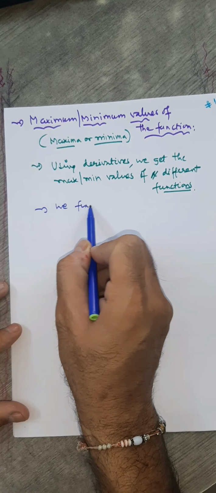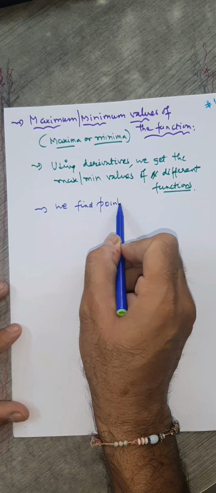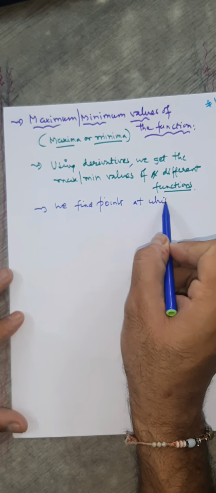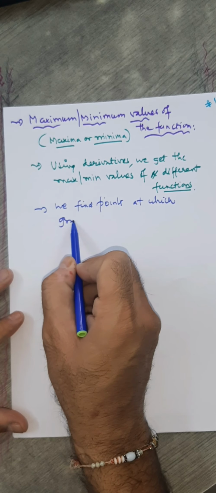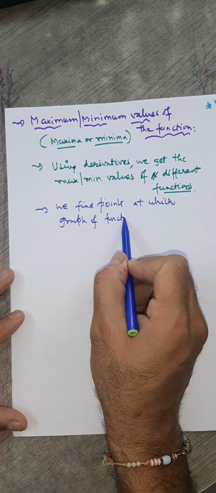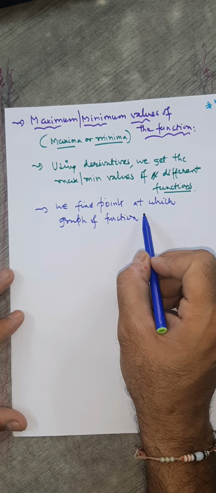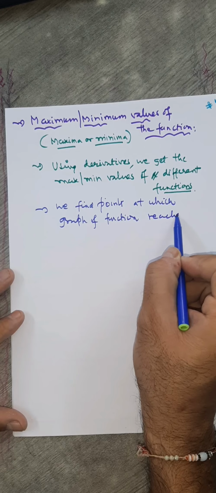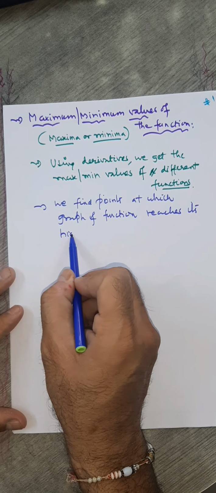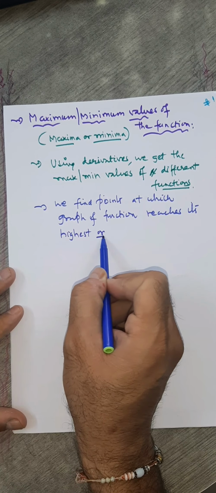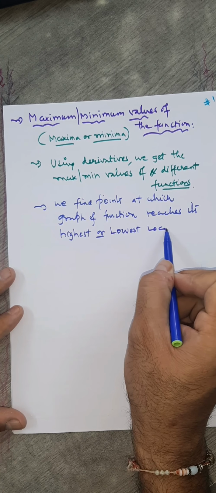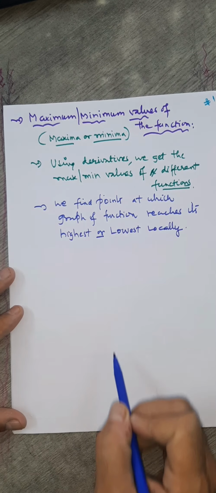We find points at which the graph of the function reaches its highest or lowest locally. I'll discuss what we mean by locally.